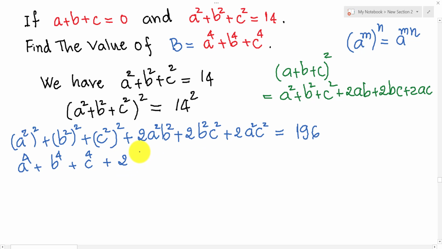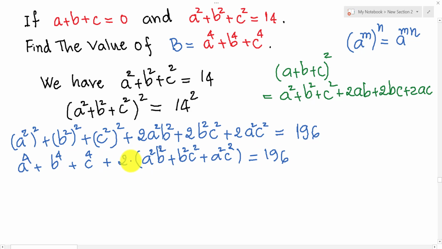I get 2 factor (a square b square plus b square c square plus a square c square) equal 196.